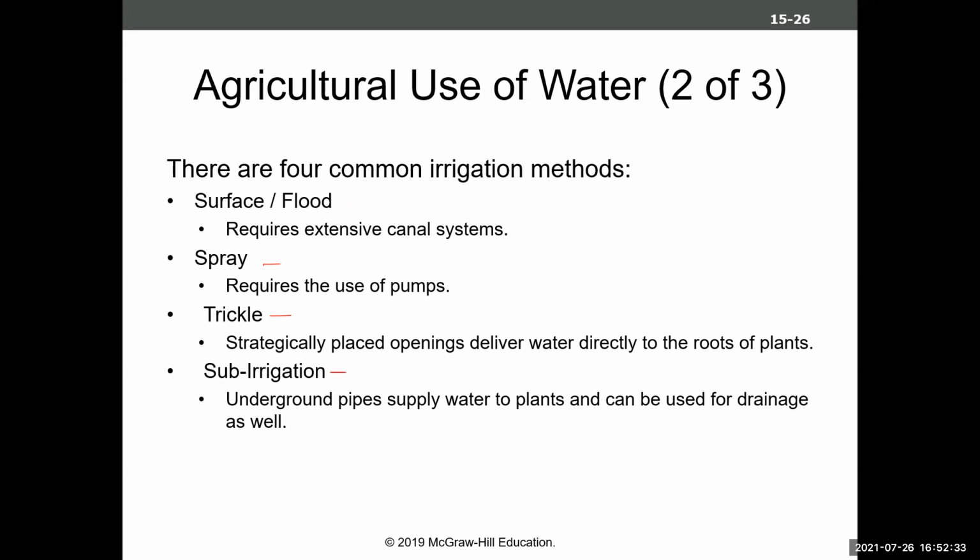Trickle irrigation is almost like drip irrigation, where you place openings directly at the base of a plant so that the water drips directly onto the plant roots. So you're placing the water more precisely than you are with spraying and flooding. Sub-irrigation uses underground pipes to supply water to plants and can also be used to drain a field as well.